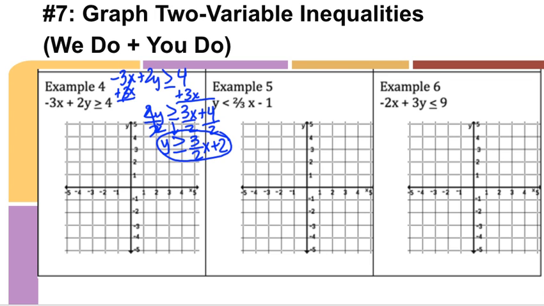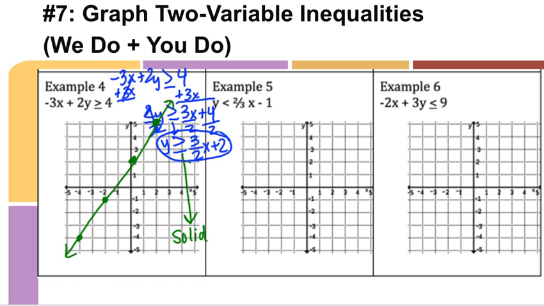So now I'm going to graph this line right here. So I've got positive 2, and I go up 3 to the right 2. I want to make the line super straight. I'm going to go down 3, left 2, down 3, left 2. Okay. This right here, I'm going to ask myself, is this solid or dotted? This is a solid line. I'm going to go ahead and graph that.